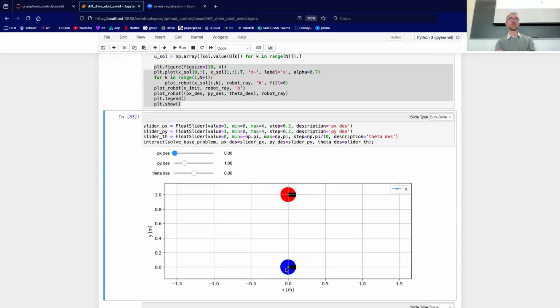So we always have to remember that a gradient-based optimization solver is not a magical oracle that can solve anything. It's just finding a locally optimal solution. And that is a locally optimal solution, a very bad one, but still locally optimal.